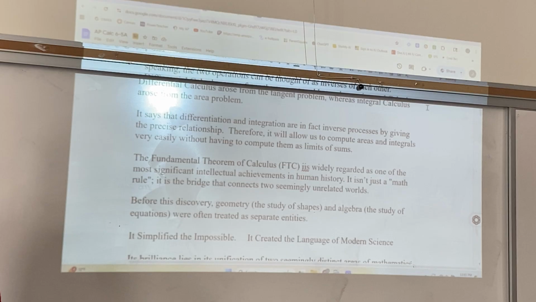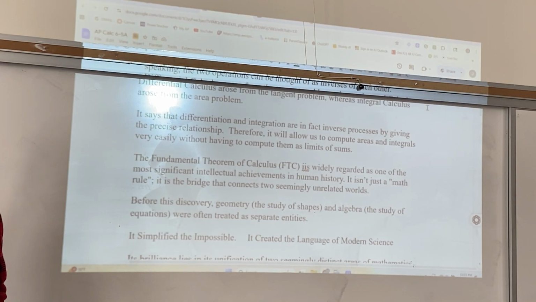Yes. It isn't just a math rule, it's the bridge that connects two seemingly unrelated worlds. This is what makes us a highly intelligent species. Before this discovery, geometry, the study of shapes, and algebra, the study of equations, were separate entities.